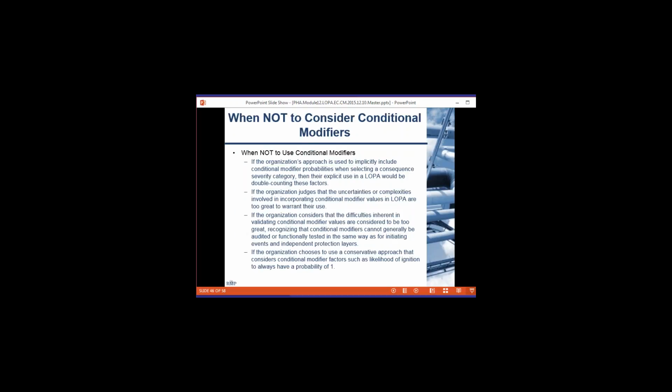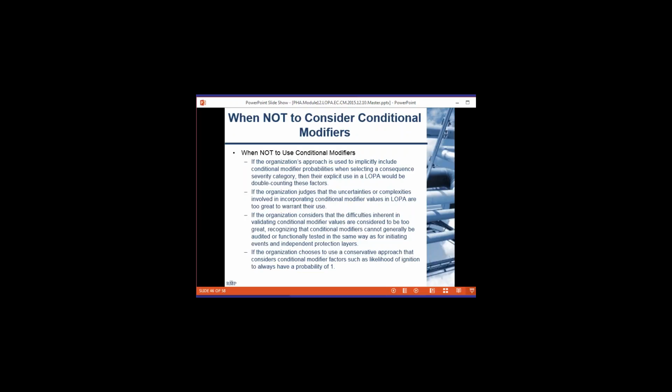So when not to consider conditional modifiers? Once again, directly from the CCPS guidebook, if the organization's approach is used to implicitly include conditional modifier probabilities when selecting a consequence severity category, which I just talked about, then their explicit use in LOPA would be double counting these factors.